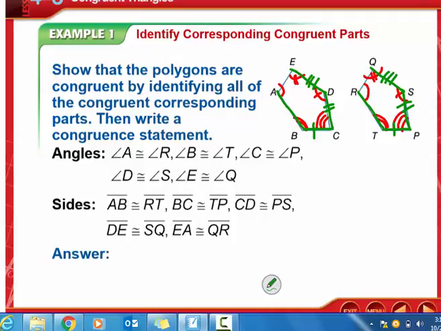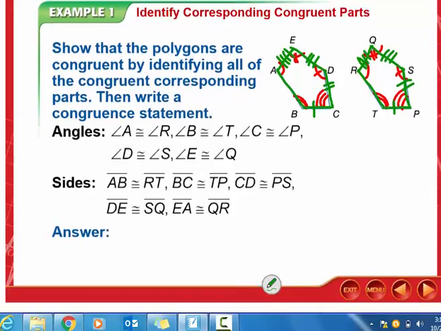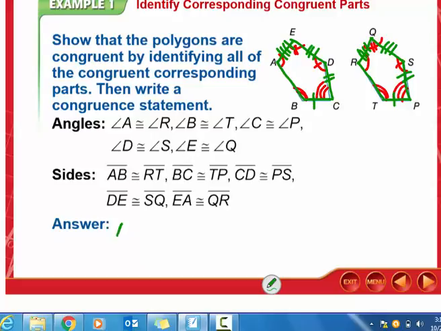And lastly, segment EA is congruent to segment QR. So because of that, I can say that polygon ABCDE is congruent to polygon RTPSQ.